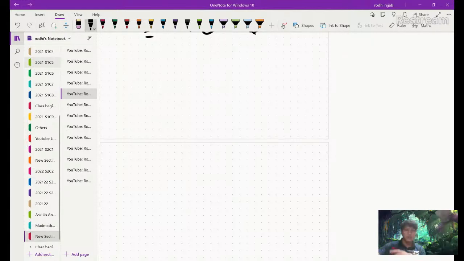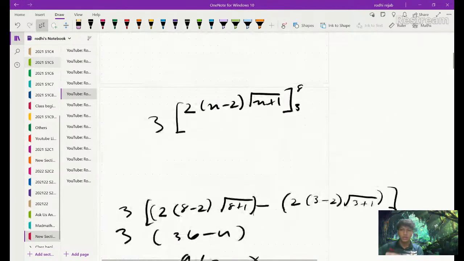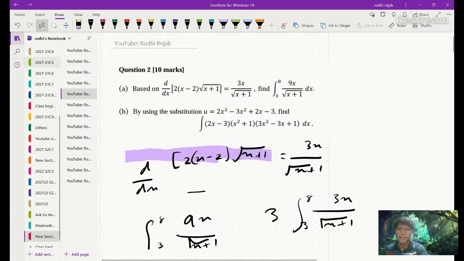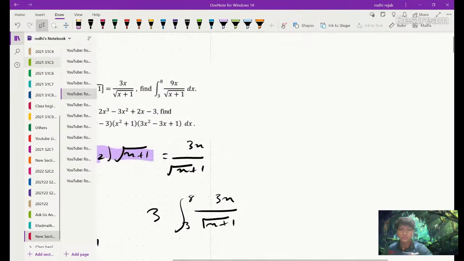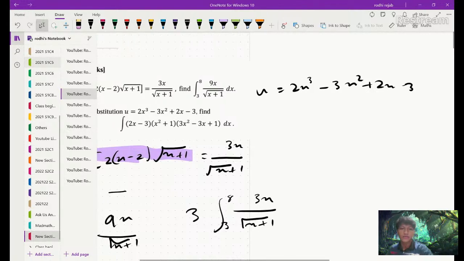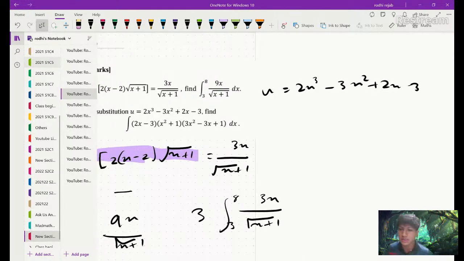Okay, we have to share screen. So we have u is equal to 2x cubed minus 3x squared plus 2x minus 3. So first we have to do the substitution, which is we have u as this equation.